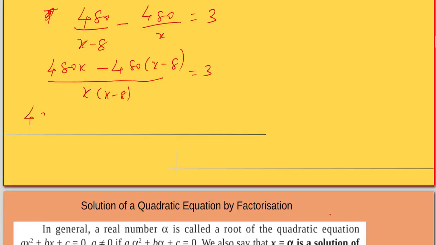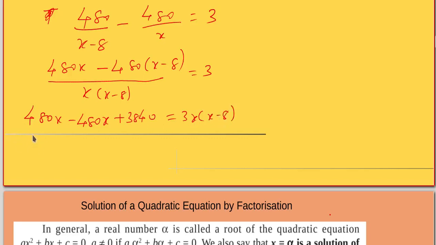So 480x minus, we multiply this 480 inside the bracket, so minus 480x plus 480 multiplied with 8. 8 8s are 64, 8 4s are 32 plus 6, 38. Equal to 3x into x minus 8.